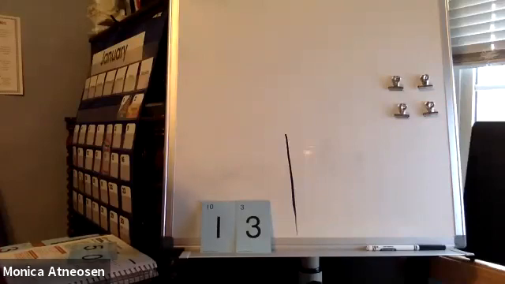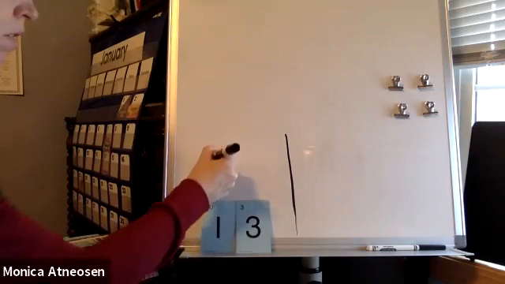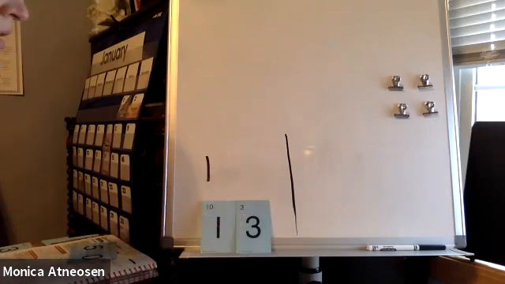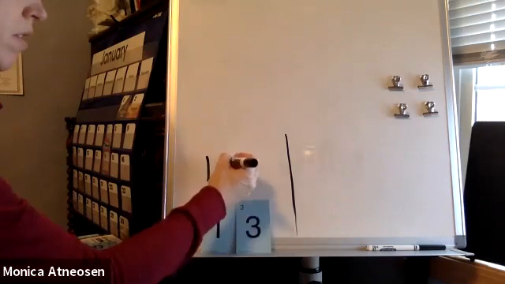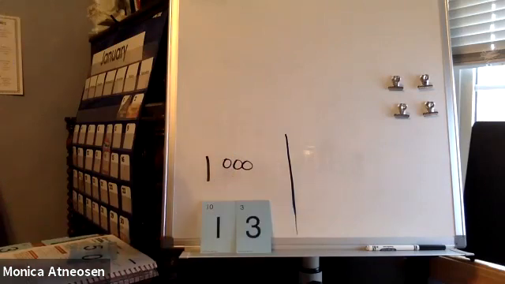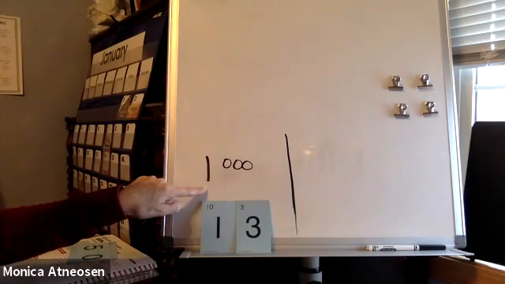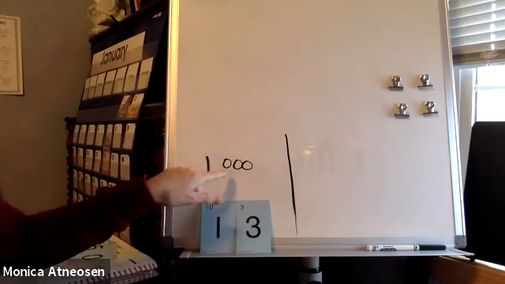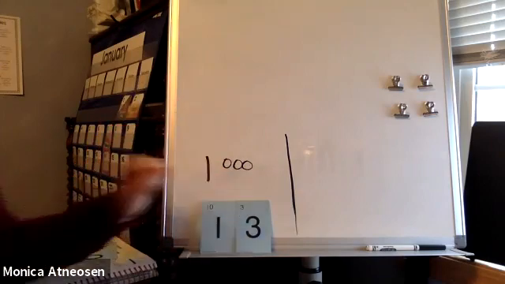So let's go ahead and draw that out. You give it a try. Look what's in the tens place and look what's in the ones place and think 1 group of 10 and 3 ones. And we count that out by going 10, freeze, 11, 12, 13.